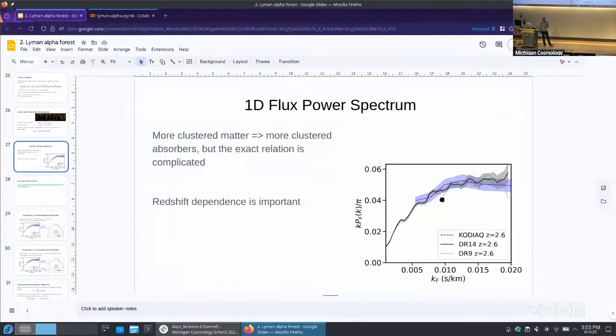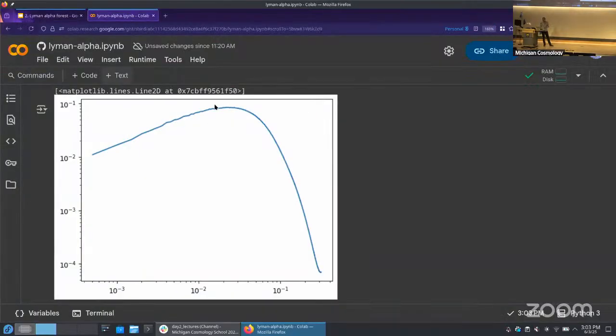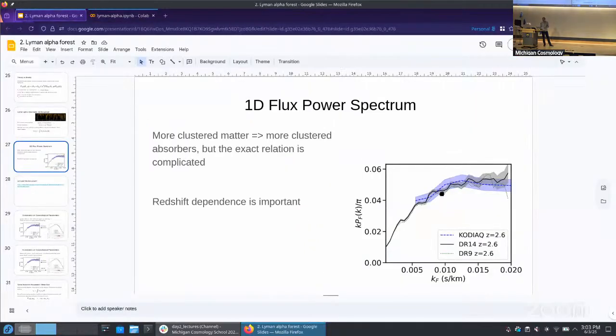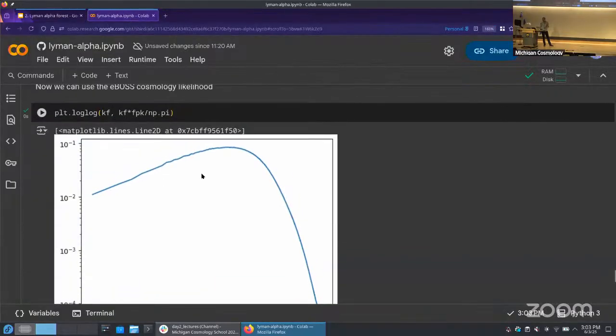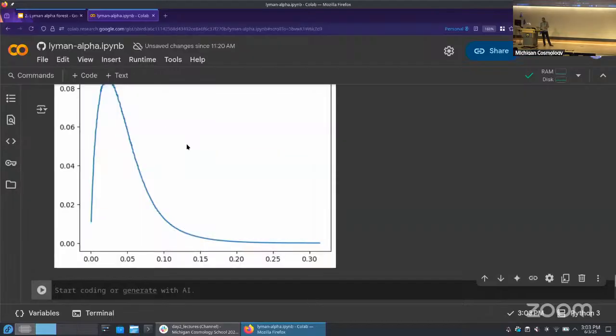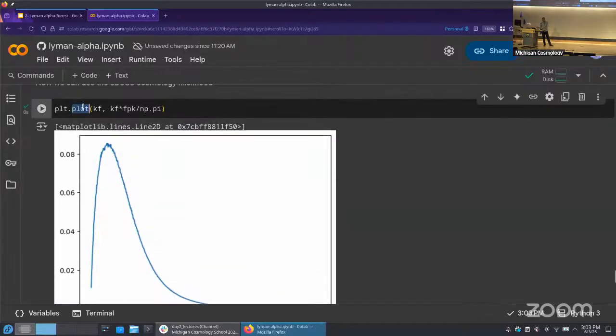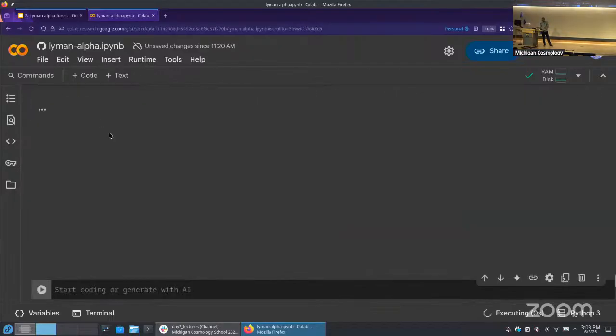So, okay, k of 0.01, round about here, it looks kind of big. 0.05, this looks kind of plausible, okay? This is, of course, in log space. I could even make it into linear space. Semi-log x.